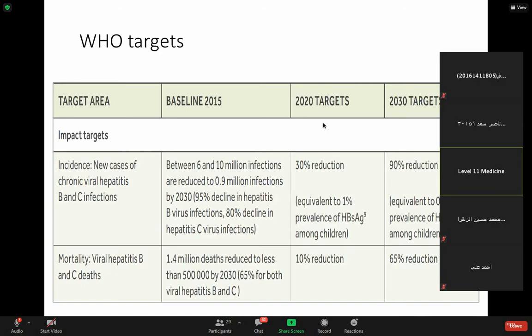The goal in 2020 to reduce it by 10%. So they will have the goal first, and then they will have some initiative, sometimes country-based, sometimes continent-based, to try to achieve this goal, okay? And this is true not only for hepatitis, this is true for hepatitis, HIV, malaria, TB. Those are a global infectious disease burden, okay?